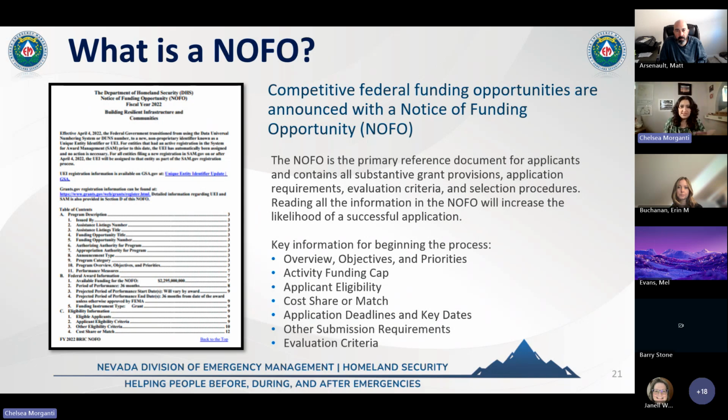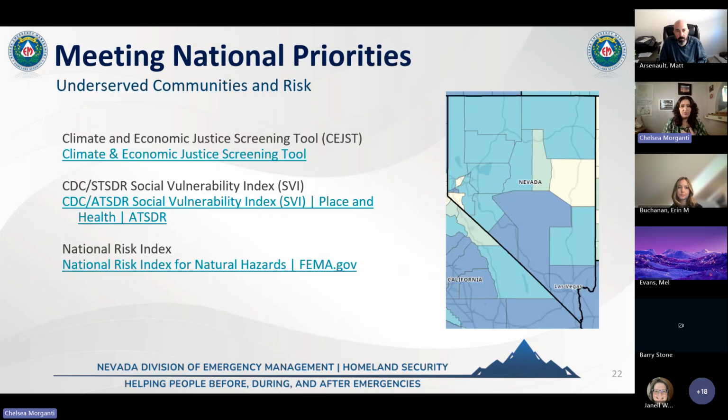Those national priorities for the last several years have revolved around climate resilience and social vulnerability. So there are some resources here that can help you identify whether or not your community is an eligible entity for, as I was mentioning before, those higher federal shares so that your local match cost share is reduced. Under BRIC in previous years, economically disadvantaged rural communities, which is a defined group in the BRIC NOFO, have been eligible for a reduced cost share.